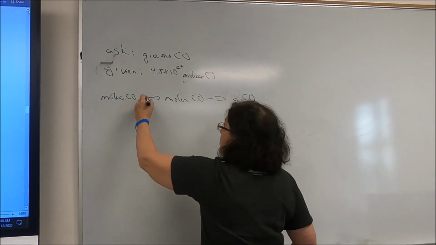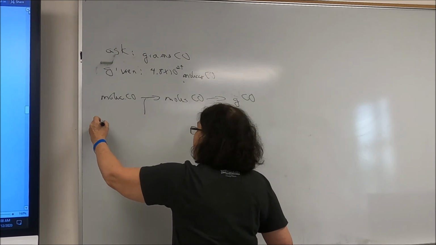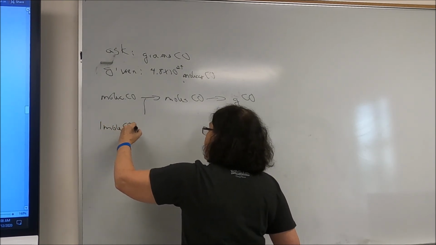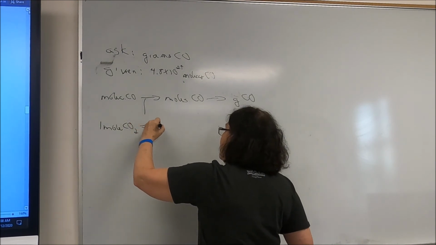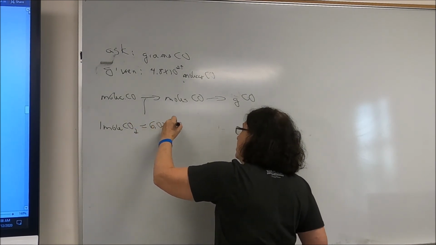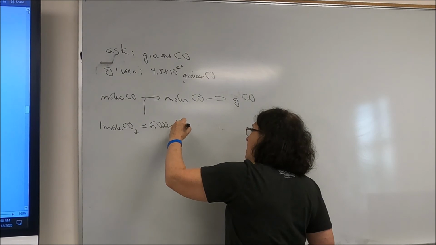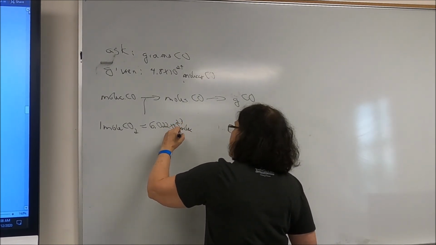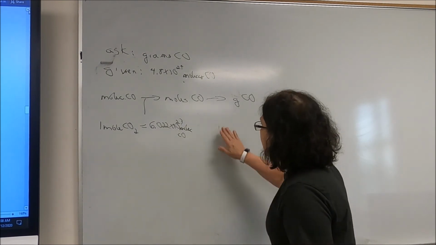Okay? To go from molecules to moles, I need Avogadro's number. 1 mole of carbon monoxide contains 6.022 times 10 to the 23 molecules of carbon monoxide.